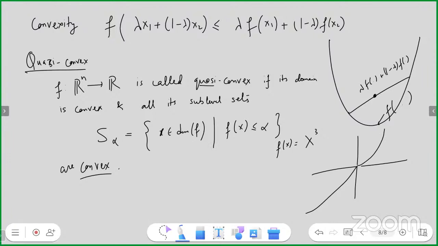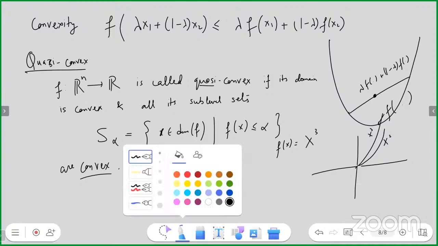Now in comparison to this, is it this way, or this way? This is fine. This is x square. Yeah, x cube is much faster. Fine. So this is x square. This is x cube. And this will be inverted this way. Okay. Fine. Now, why is it not convex but quasi-convex?